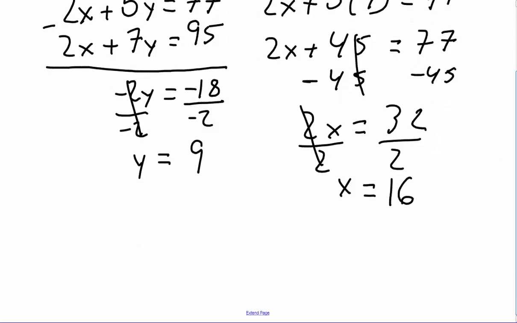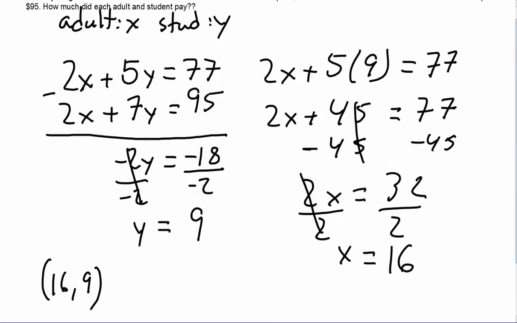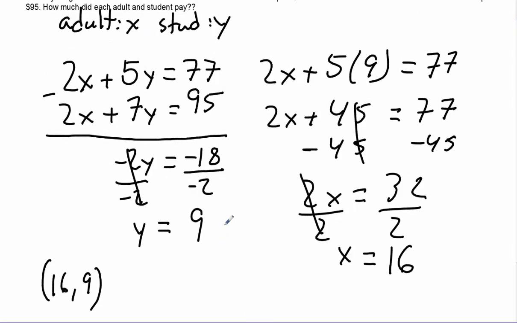Okay. Now, if you want to write it as a coordinate, your answer is 16, 9. But since this is a word problem, we need to define what is 9 and what is 16. If you remember from the beginning, we said that the adult is x, student is y, so an adult is $16.